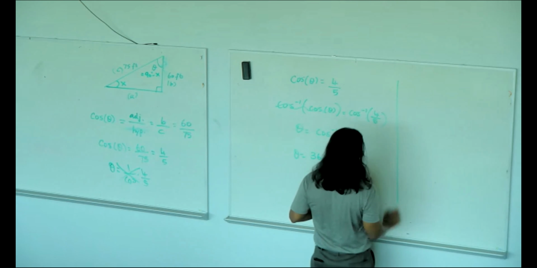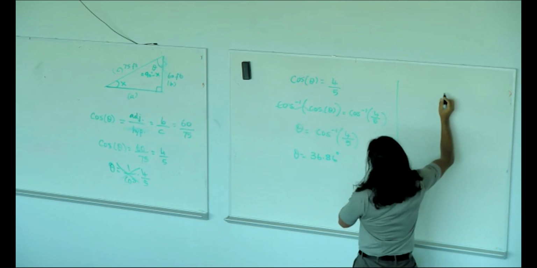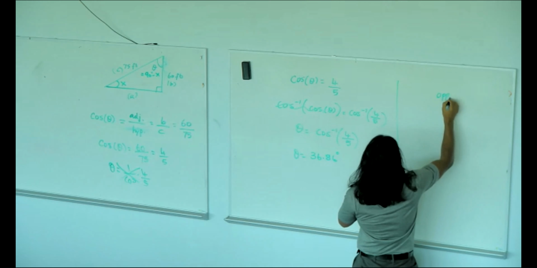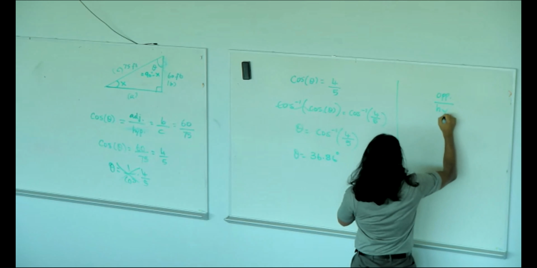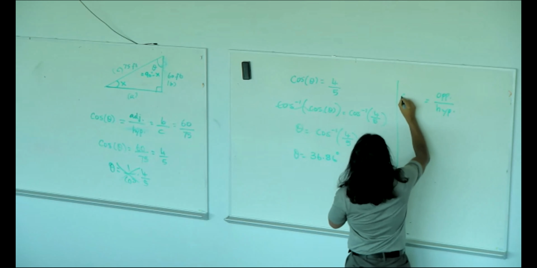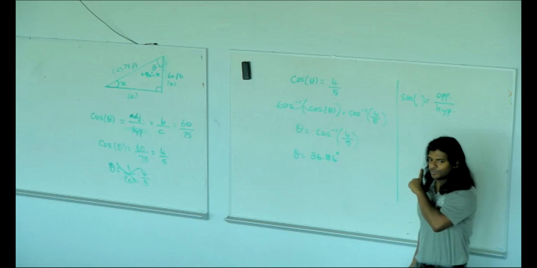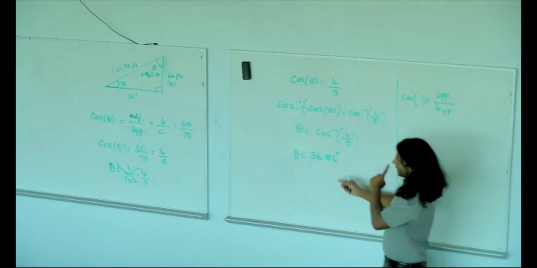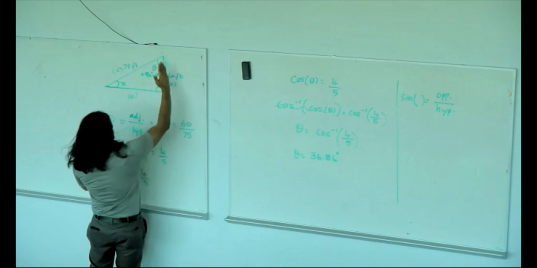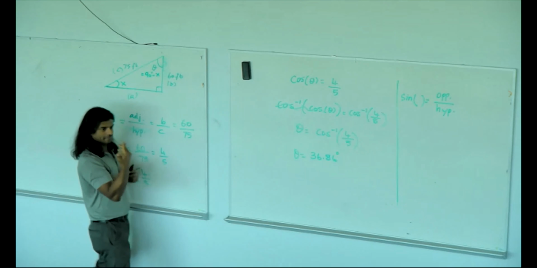Opposite divided by hypotenuse is sine. Should you put theta or x? I'm looking this way, so it has to be x.